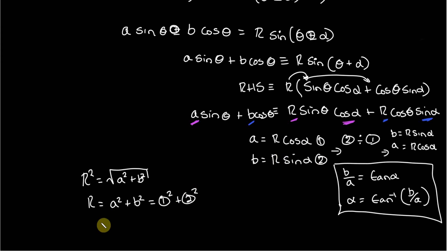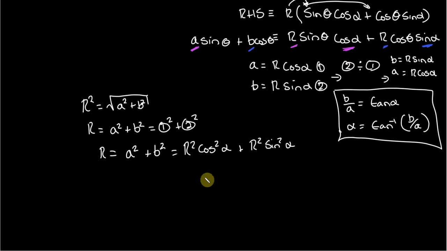And so then, what do we get when we solve for r? Well, we get r squared equals equation 1 squared, that's going to be a squared, plus equation 2 squared, so b squared, which equals r squared cos squared alpha plus r squared sine squared alpha. And we can just simplify some of this. We still have a squared plus b squared on the left.